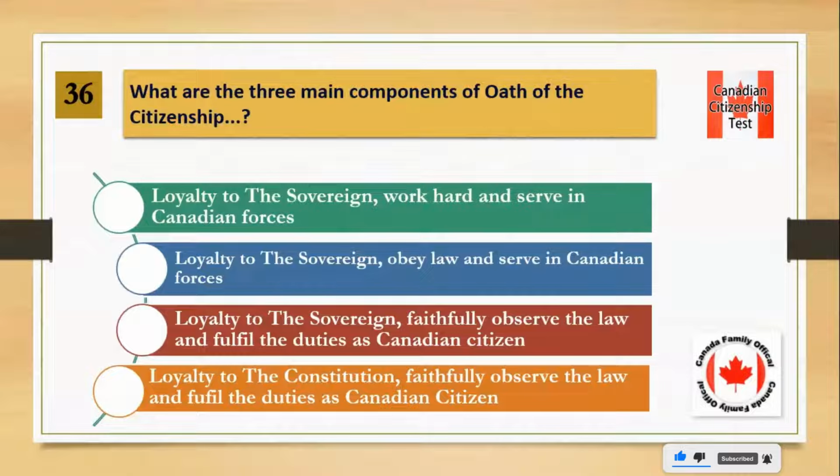Number 3, loyalty to the sovereign, faithfully observe the law and fulfill the duties as a Canadian citizen. Number 4, loyalty to the Constitution, faithfully observe the law and fulfill the duties as a Canadian citizen. And the answer is loyalty to the sovereign, faithfully observe the law and fulfill the duties as a Canadian citizen.